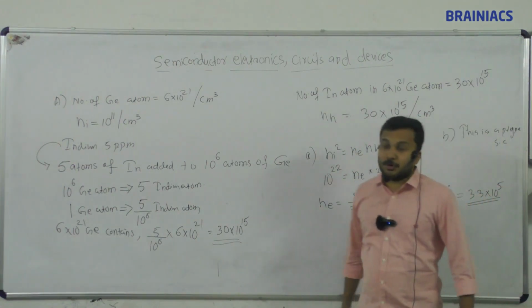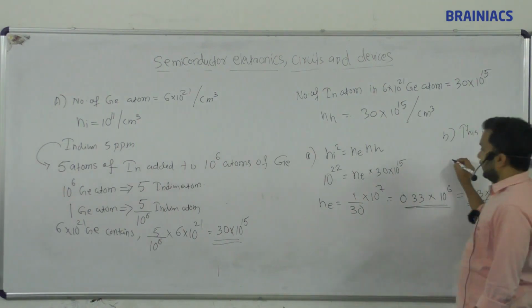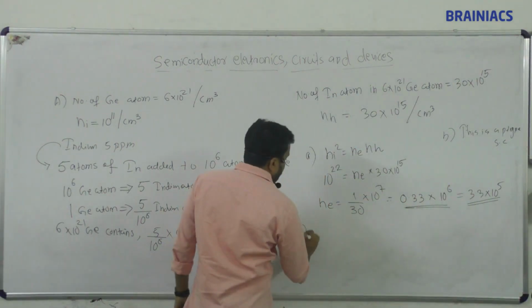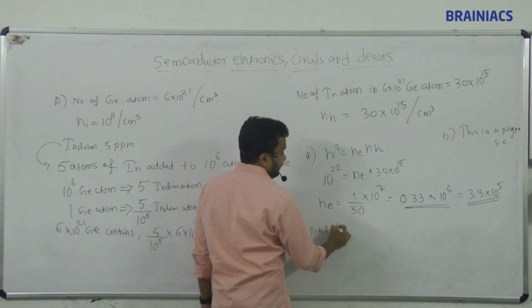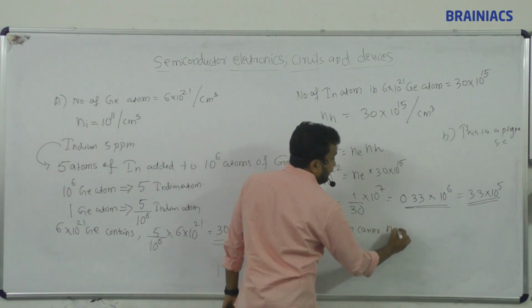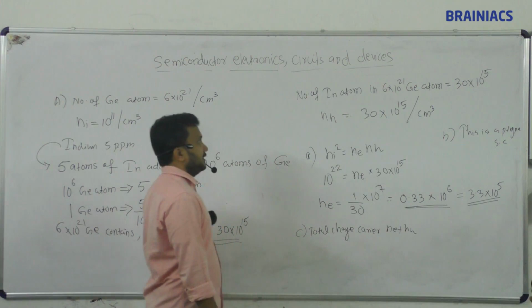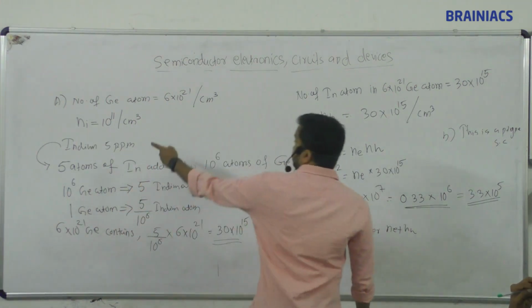One more part will be the total charge carriers. What is the total charge carriers? So total charge carriers also solved. Total charge carriers is Ne plus NH. Ne means what?